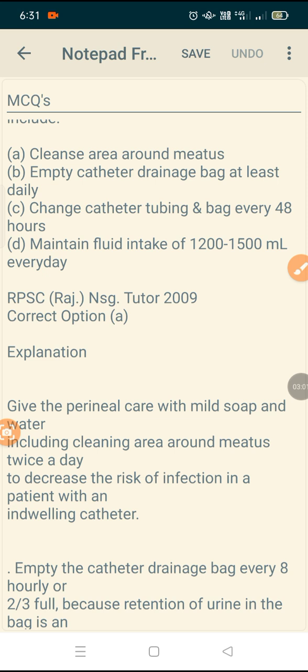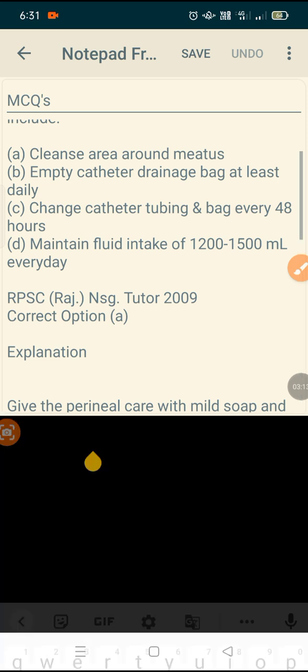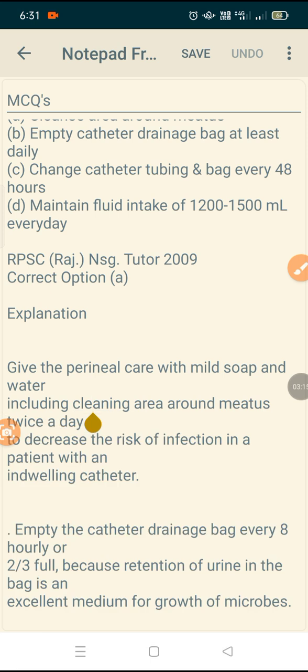Then explain that everything is fine. If there is any discharge, any foul smell, any problem or any leakage, we need to inform the doctors. After that we need to explain to the patient. Then take out all the equipment, then wash it and send it for sterilization.